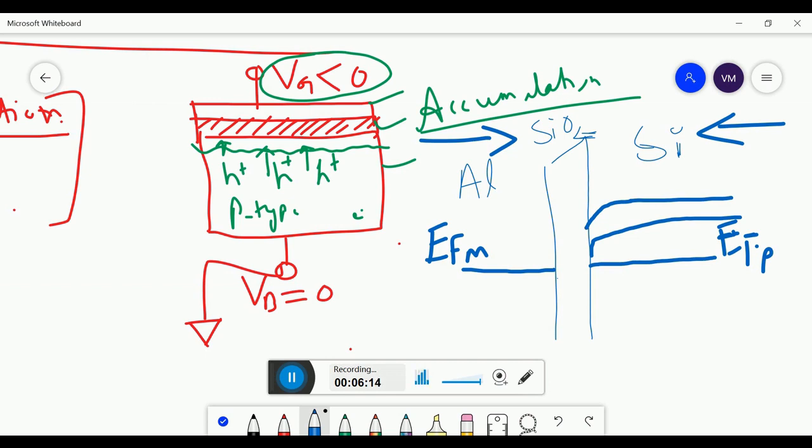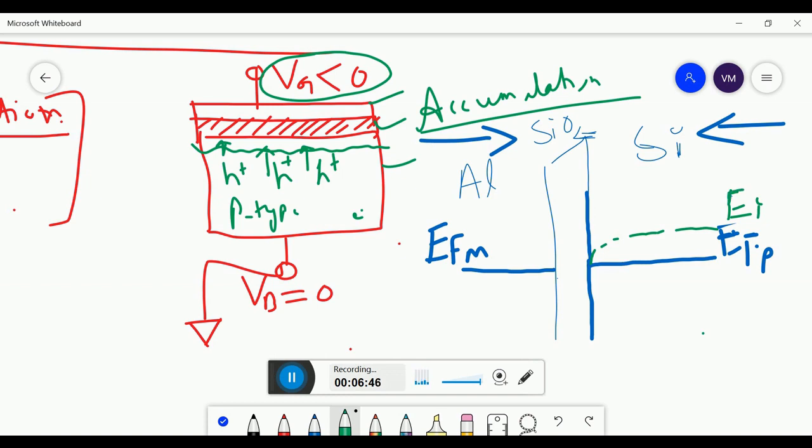Let us draw with a different color so that it is distinguishable. Then you have two more bands. One is your intrinsic band. Let us make the intrinsic band dotted, because it is a hypothetical band; it has already vanished once you have doped it.